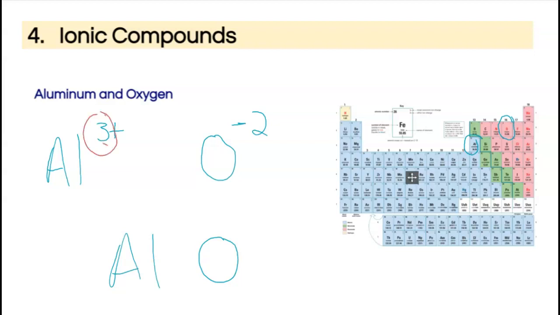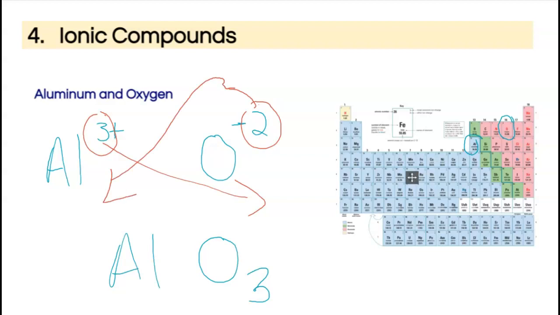The 3 goes down beside oxygen, and the 2 goes beside aluminum. Remember, the positive or negative doesn't matter when we're using the crossover rule and creating subscripts. So the formula is Al2O3, the formula for aluminum oxide, formed between aluminum and oxygen.